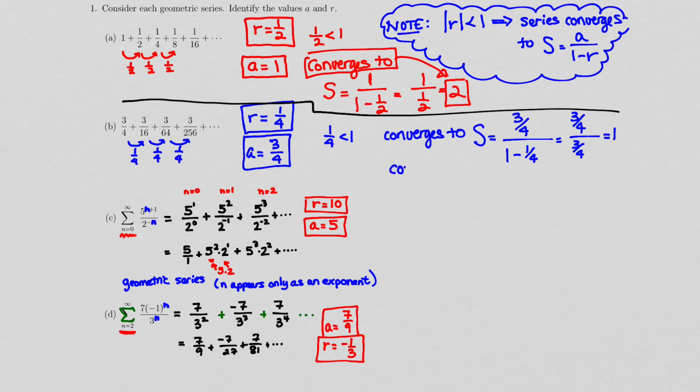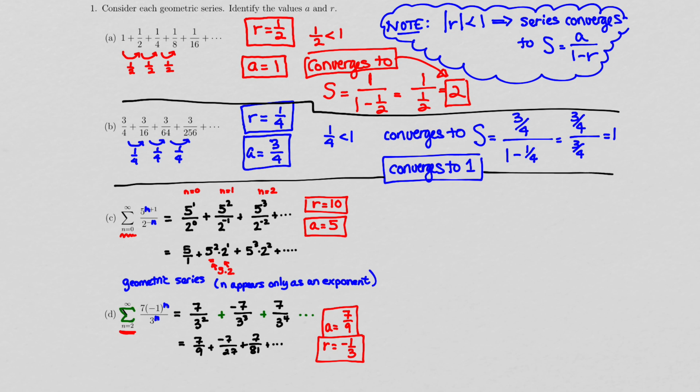So the second guy converges to 1. And Andrew, you told me, what about that third one? That one would diverge. Yeah, your R value is 10. 10 is not less than 1, so that means that series diverges.